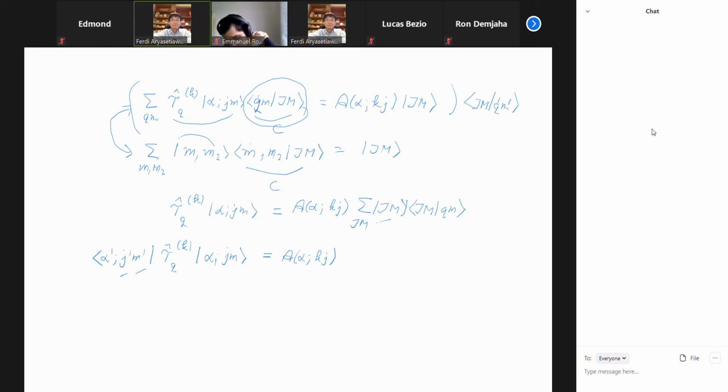We'll pick up one of these terms on the right hand side here. So J will be equal to J prime, and capital M must be equal to M prime. We have a possible constant of proportionality because we have this label alpha prime, which can also depend on J prime, like this. So this is the Wigner-Eckart theorem.